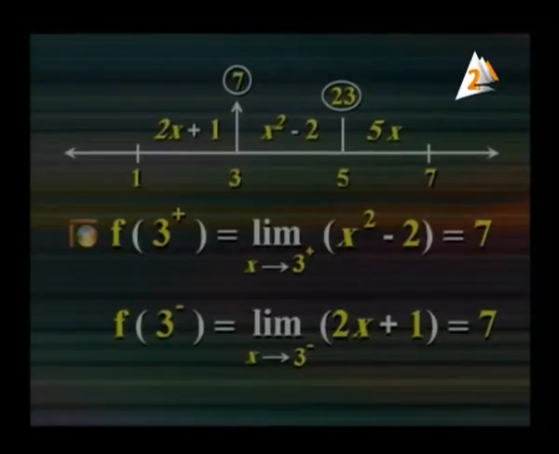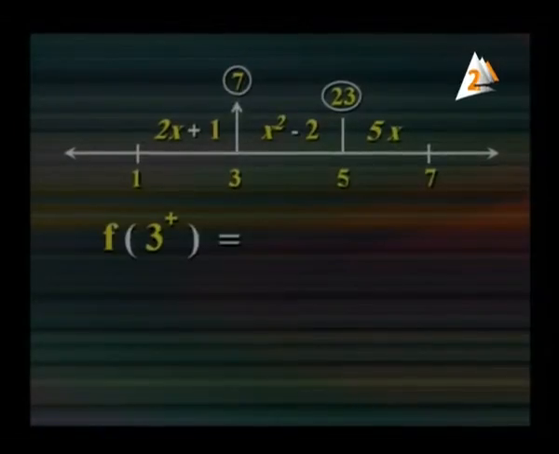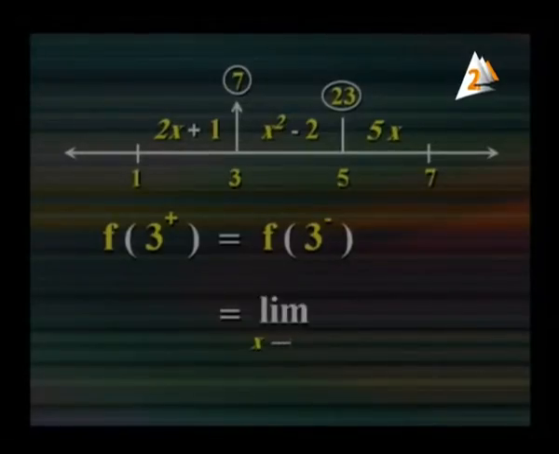What do you deduce, dear student? Yes, excellent student. f of 3 positive equals f of 3 negative equals 7. Then the limit when x tends to 3 of f of x equals 7.